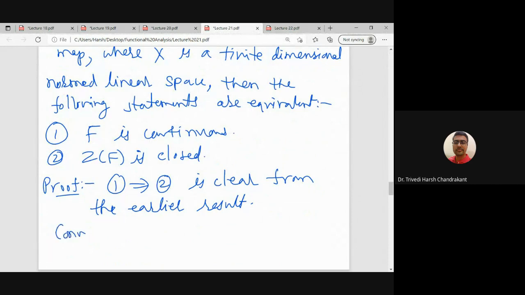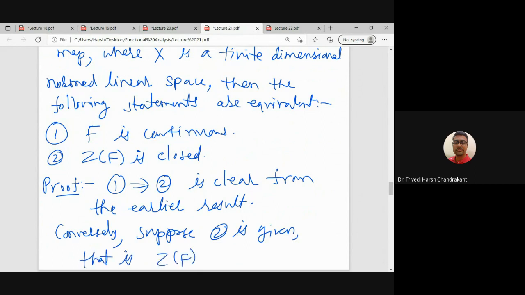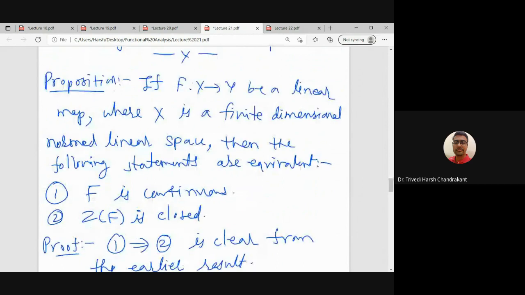Conversely, suppose 2 is given, that is, the kernel of the linear function is closed. So now what we know is that X is finite dimensional. So that is what we are going to use here.